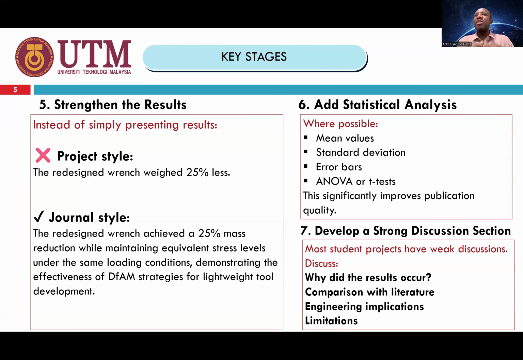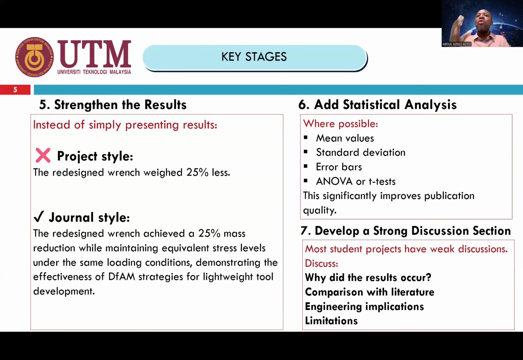Then addition of some statistical analysis where possible is necessary, like the mean values, the standard deviation, the error bars, the ANOVA and t-test. This significantly improves publication quality. Then you develop a strong discussion section. Most projects have weak discussions, so you need to have a strong discussion section. How?